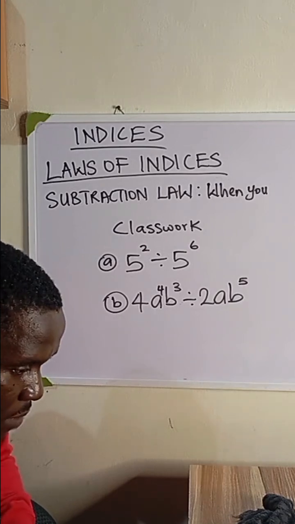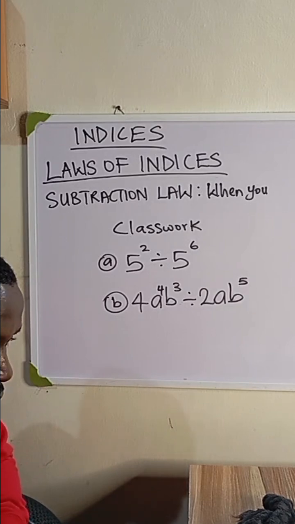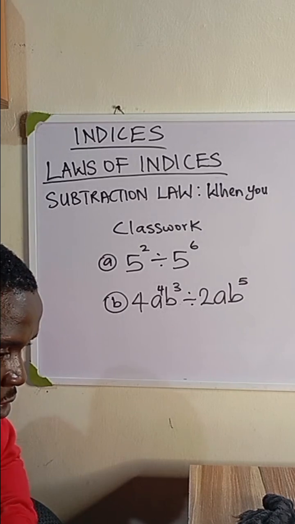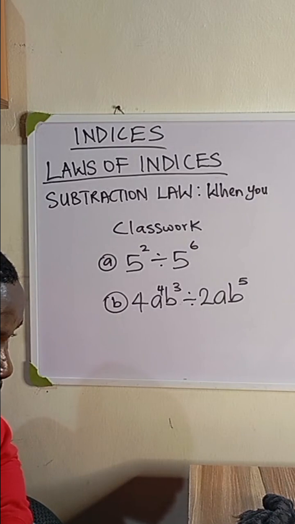Two a to the power of 3, b to the power of 2, okay? Are we going to have b to the power of 2? That's for the second question.